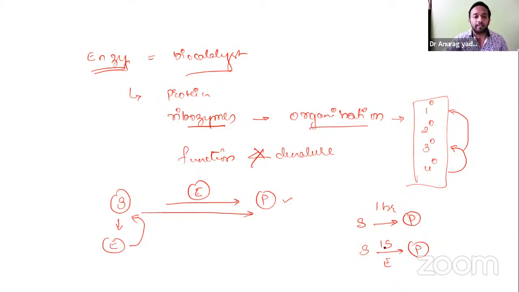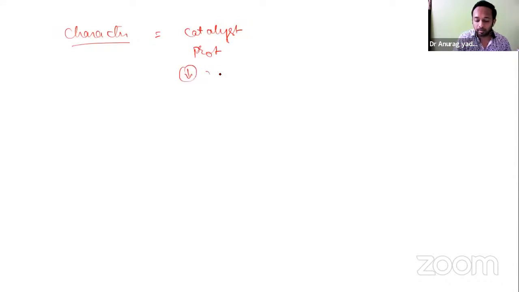When we see the characteristics of the enzymes, what they are made up of, they are most commonly catalytic in action. They are called catalysts, and most of them are protein in nature. What they do to the substrate is they lower the activation energy.